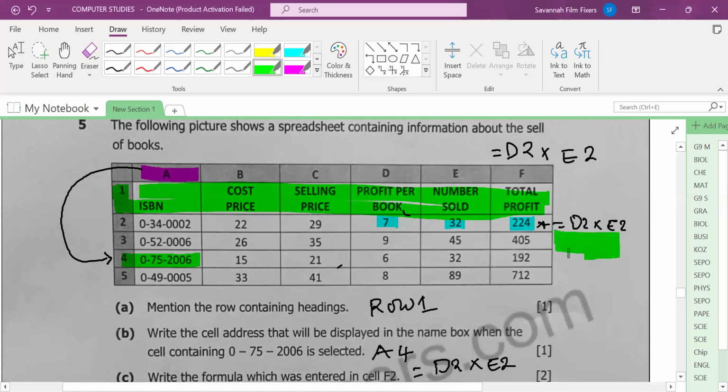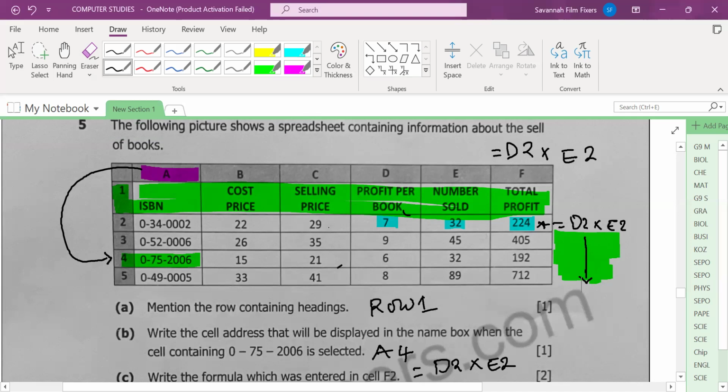As we are copying and pasting it downwards, it will automatically add the formula and the output will come up. So we can copy this formula and just drag it down, and the answers will automatically be added down that column.